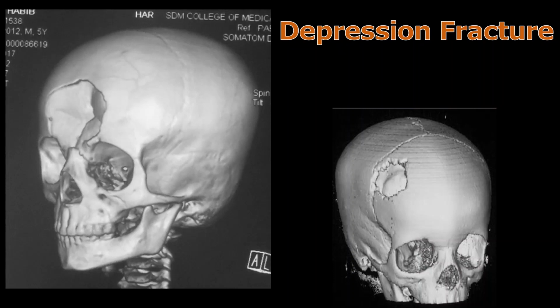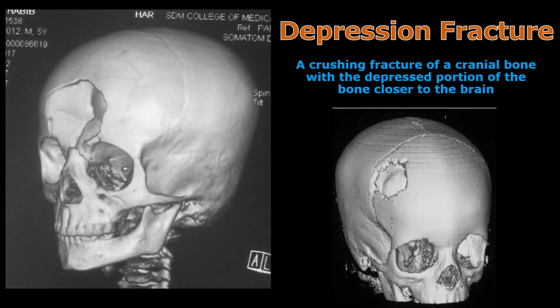It could be from a sports injury where a baseball is slammed into you, or it could be from getting hit, say, with a hammer at some sort of a work site, or someone dropped something on your head from far above and caused part of the skull to be depressed into the skull further, near the brain. So some sort of crushing fracture of the cranial bone, pushing or depressing the bone matter closer to the brain. Depression fracture.